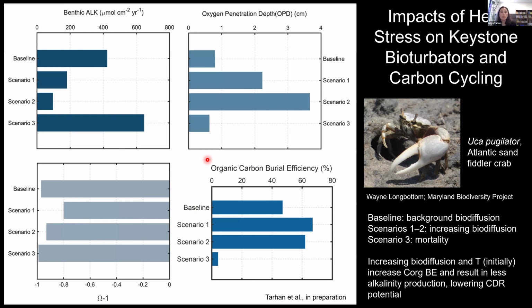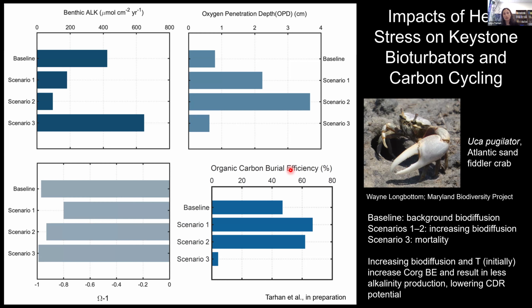So what do we see? We see that as we increase levels of biodiffusion and increase temperature, including temperature controls upon rates of organic carbon remineralization, bioturbation initially increases, and this can lead to increases in the oxygen penetration depth, but at the same time increases in organic carbon burial efficiency by shuttling more organic carbon away from superficial sediments into the deeper sea floor.